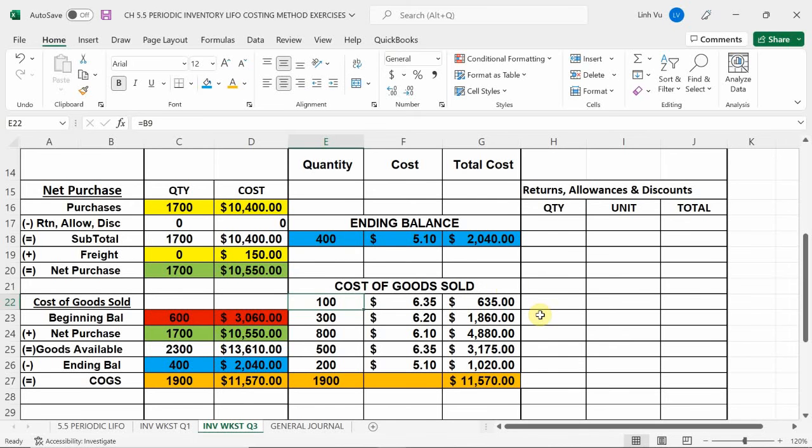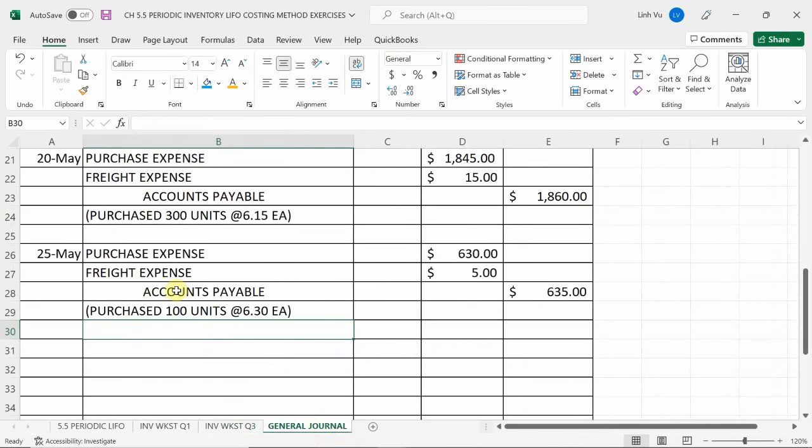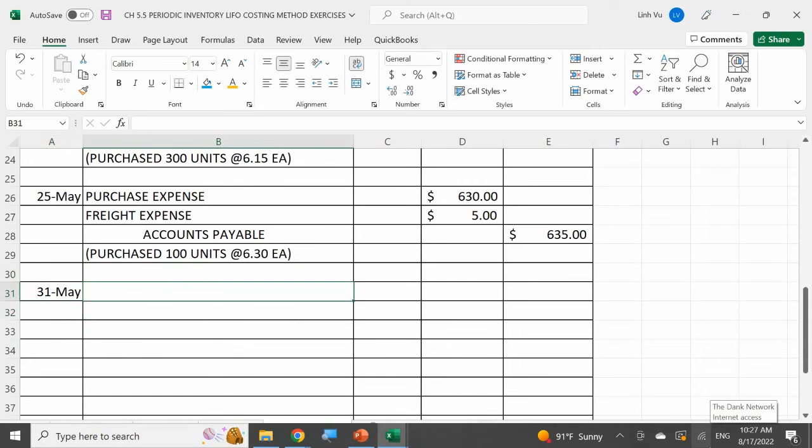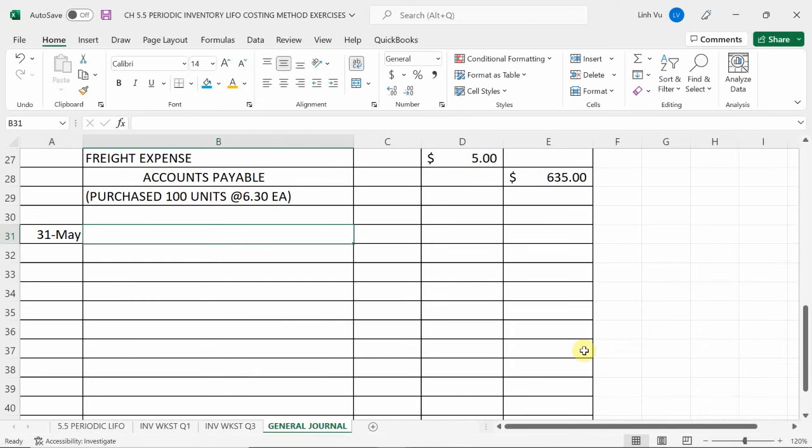All right. So last but not least, we need to do a conversion entry. It's May 31st. What do I need to recognize for my conversion entry? Your inventory.